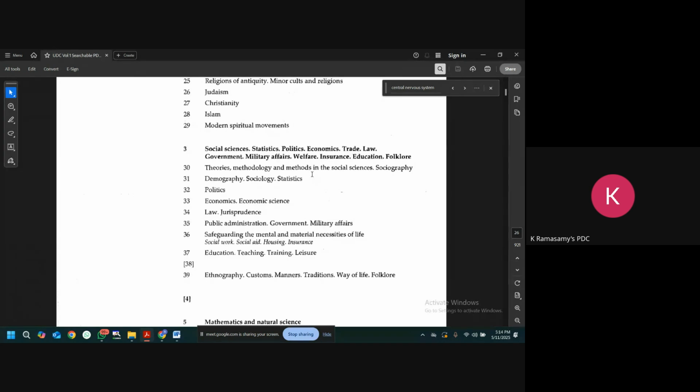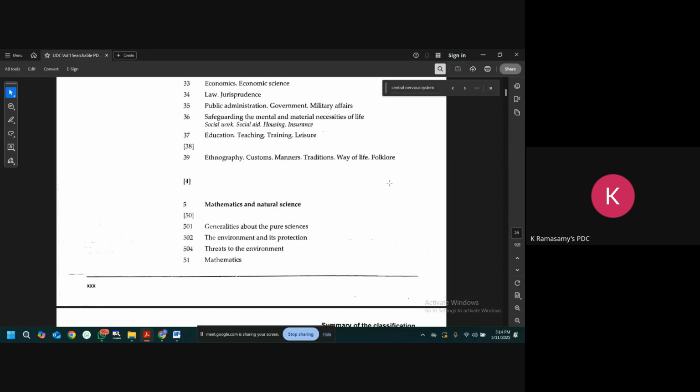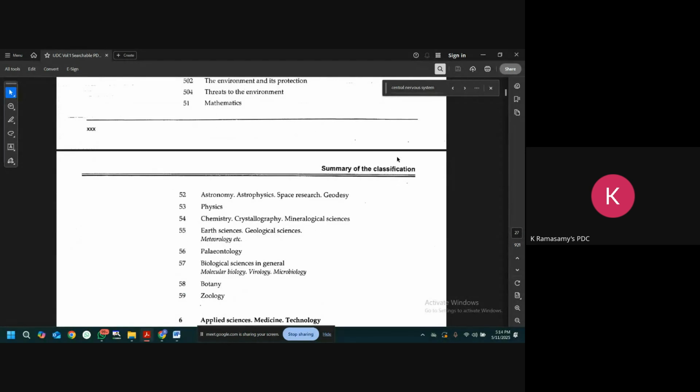So unlike DDC, which used number 400 for languages, here number 4 is kept vacant, maybe to permit the addition of extra subjects in future. And 5 stands for natural sciences, which includes mathematics, physics, chemistry, earth sciences, paleontology, biology, botany, zoology.